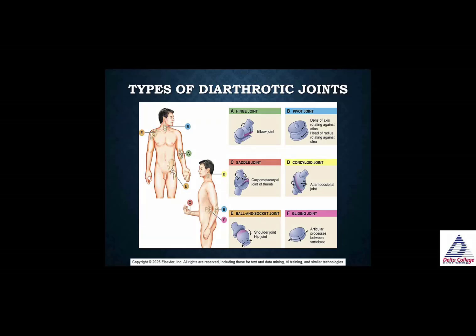Then you have D. This is a condyloid joint, and this is at the back of the brain, just above the pivoting of the spine, right where it meets the base of the skull, the occipital bone, and the atlas. That's not as important to know. You do need to know this one, though.